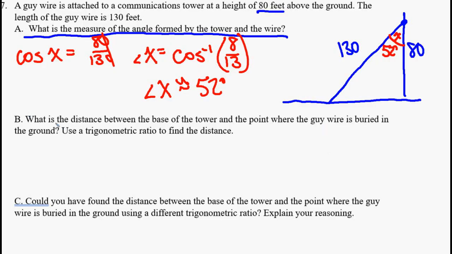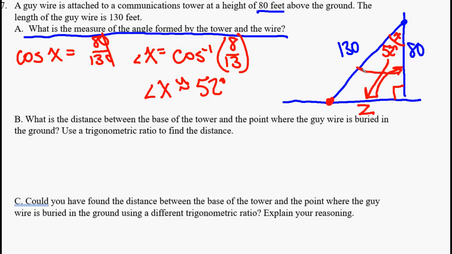Part B, what is the distance between the base of the tower and the point where the wire is buried in the ground? Use a trig ratio. So we're trying to find this side. I'm just going to call it z because I already used x. So we have our 52 degree angle. From that angle's perspective, we want the opposite side, and we have the adjacent.